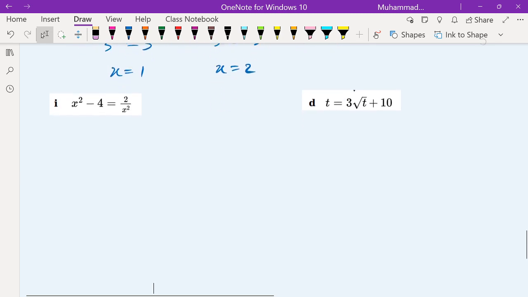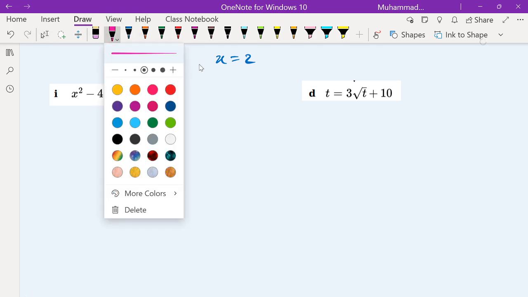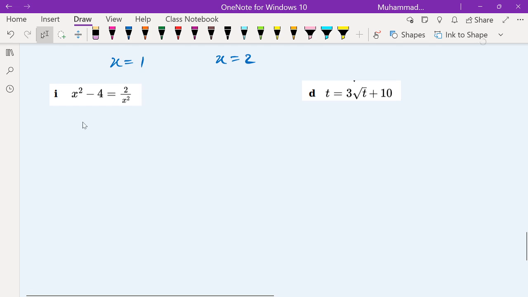Let's try out these two. What will happen then? Fine, you can multiply it.